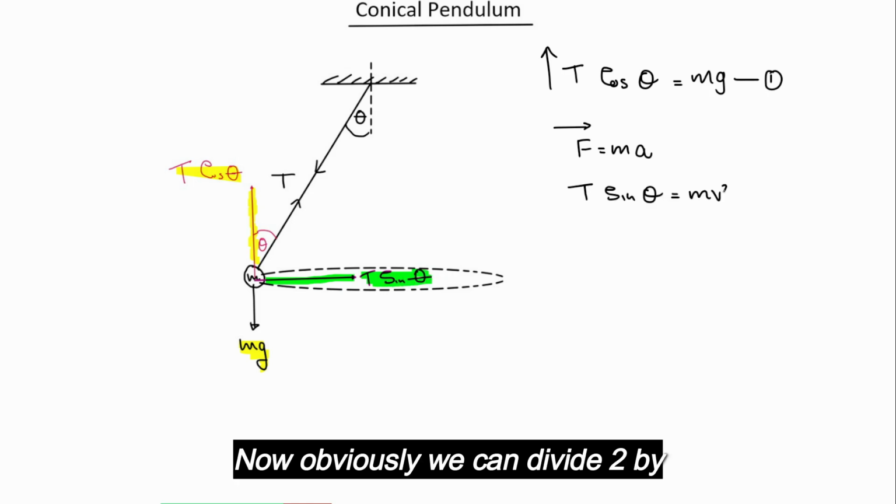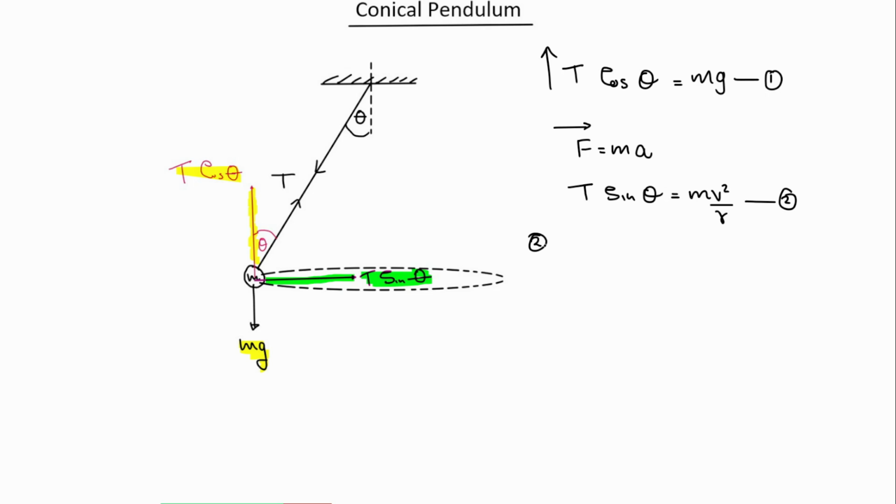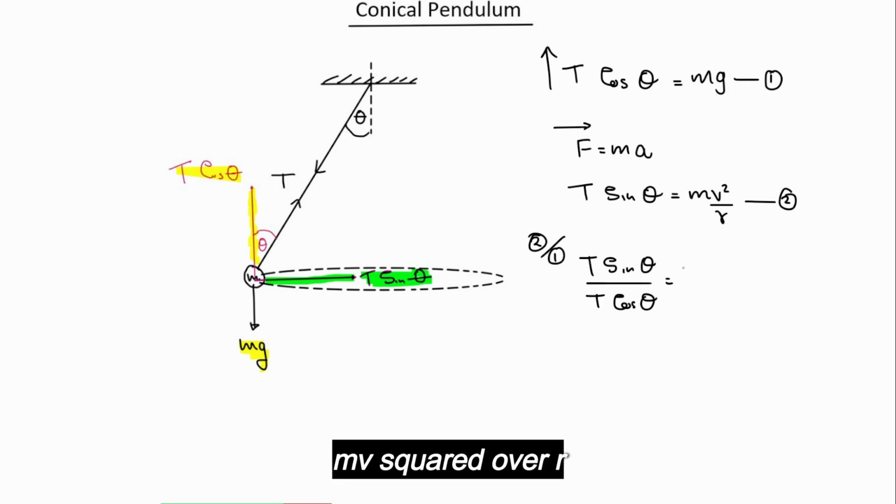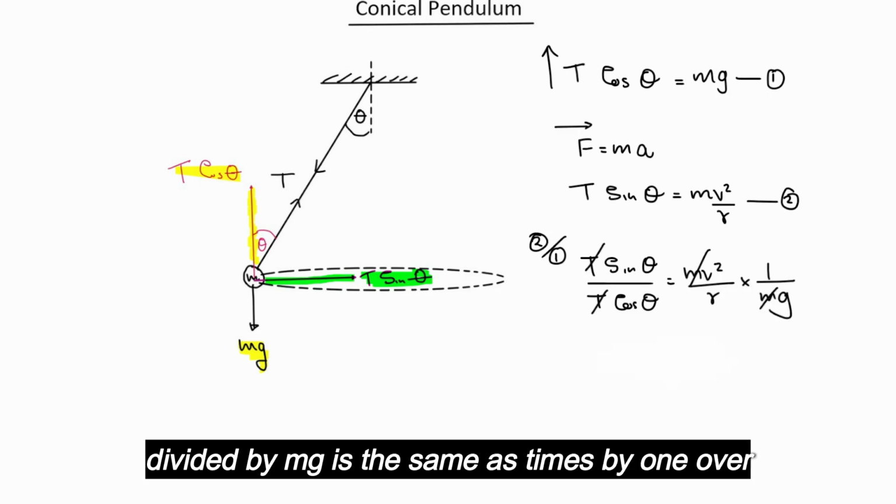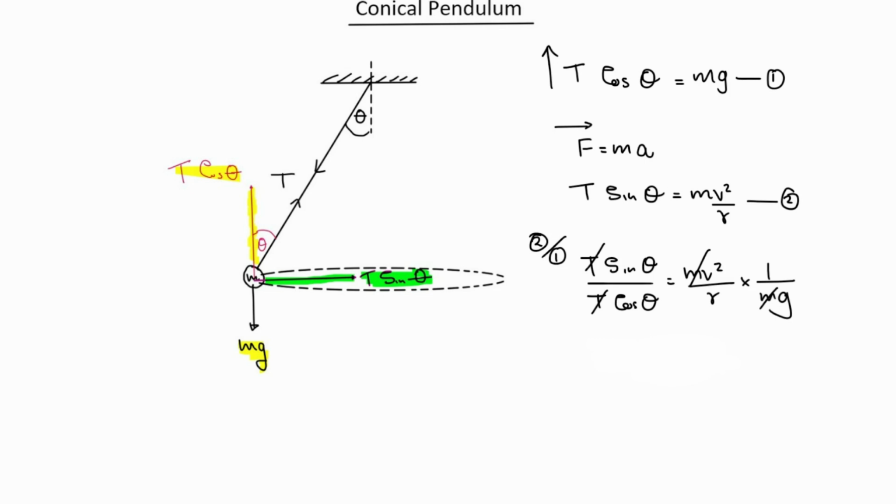Now obviously we can divide 2 by 1. So we get T sin θ divided by T cos θ is equal to mv squared over r divided by mg, which is the same as times by 1 over mg.